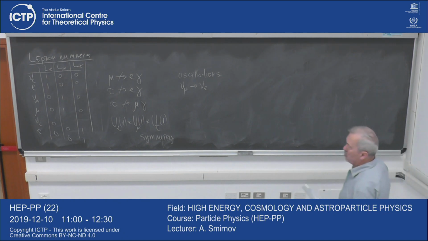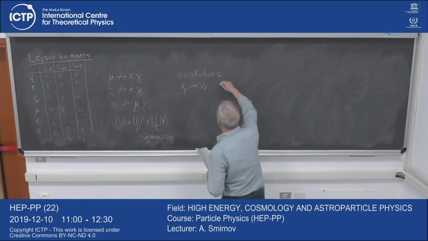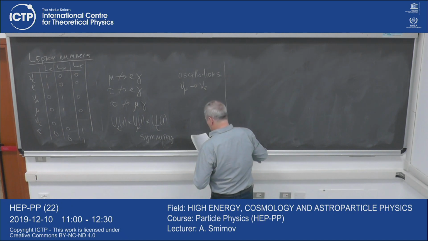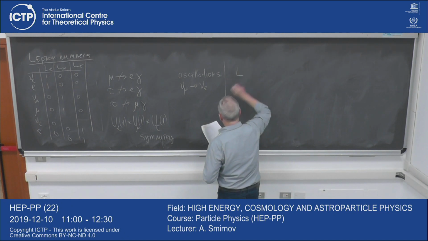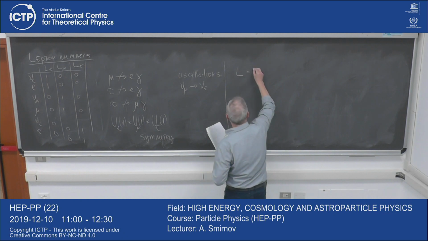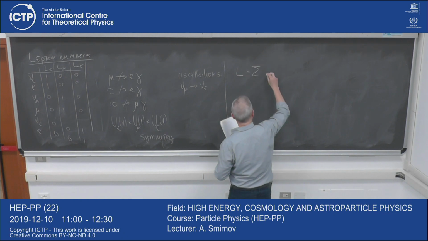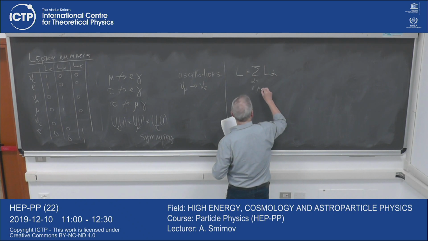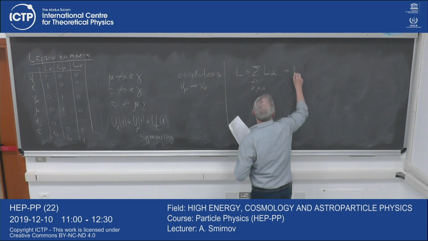Apart from these individual lepton numbers, and I will discuss this next lecture, we also introduce the total lepton number, which is the sum of individual lepton numbers, L equals the sum over alpha of L alpha, where alpha is e, mu, tau.